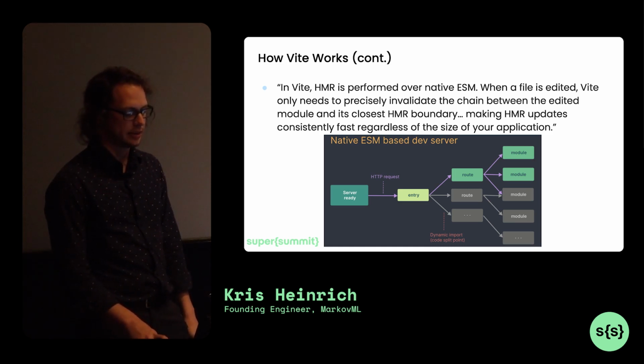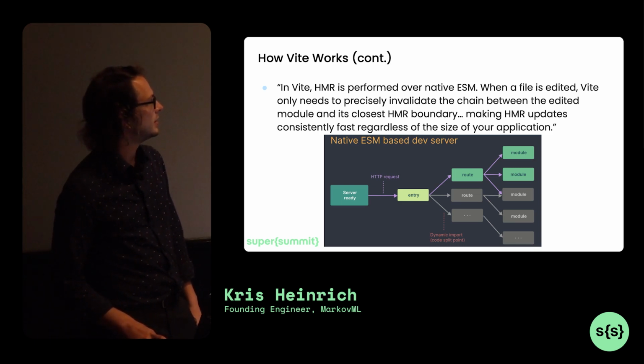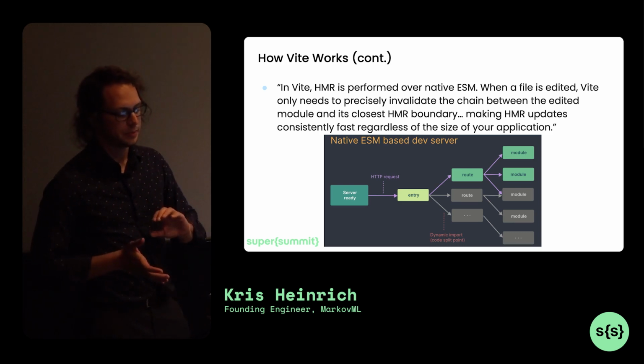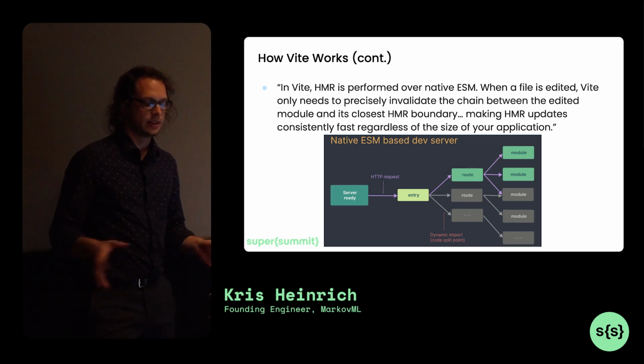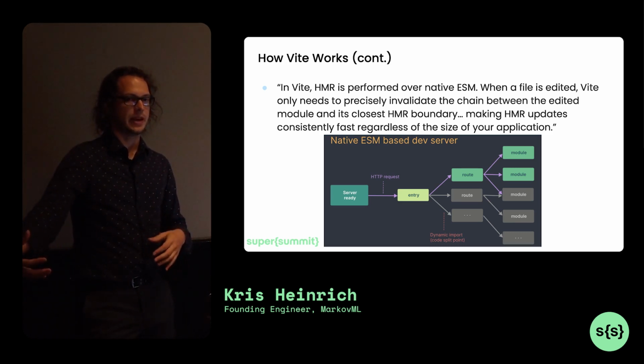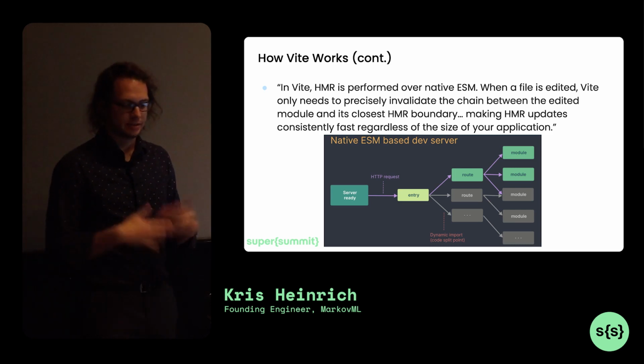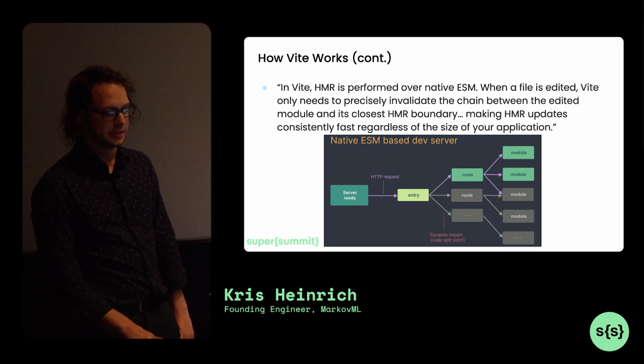So that's why the updates are so fast. It's basically just doing the minimum possible work versus doing everything, right? So this makes things scale much more easily. Instead of having build time scale with the size of the application, you can have a huge application and you're going to see consistently fast speeds.